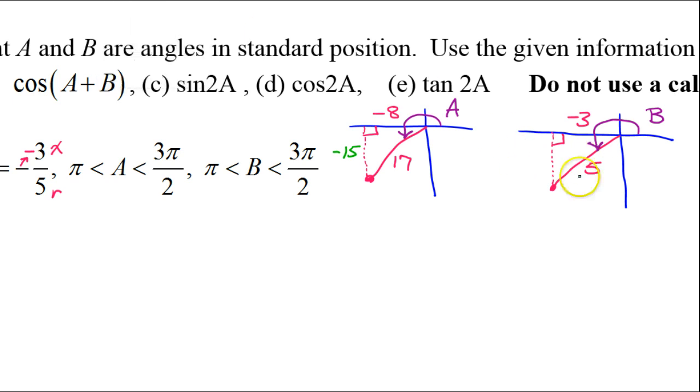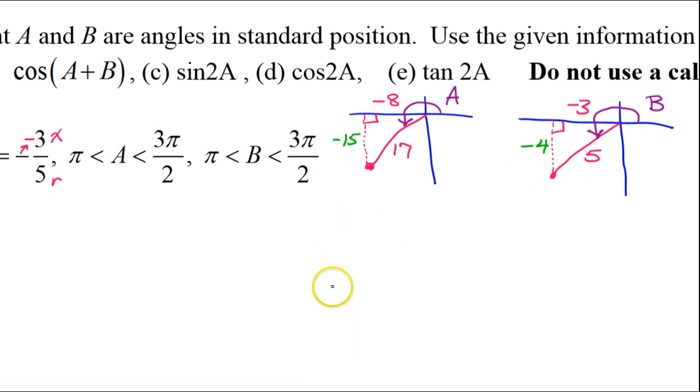I'm recognizing this Pythagorean triple. This is going to be a 3, 4, 5 triangle. But just like the 15 had to be negative, this 4 has to be negative for the same reason. This y value is down. It must be negative. Alright, so there's a diagram for angle B.